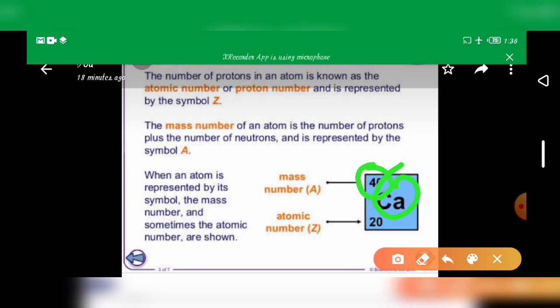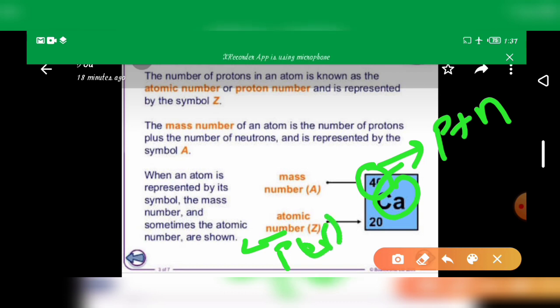So mass number consists of protons plus neutrons. Atomic number consists of protons or electrons. Each and every element has an equal number of protons and electrons. So whenever you say atomic number, the number of protons or number of electrons is known as atomic number.